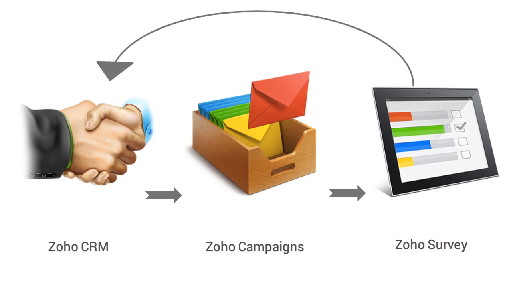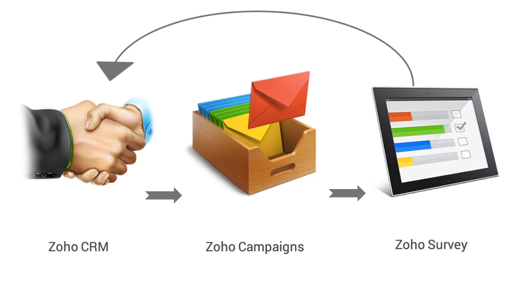You're also able to integrate Zoho Campaigns with surveys, so that you can send out email campaigns to a particular contact or lead list that you've synced from your CRM account with your campaign account. And then the results from the survey go back into the CRM, giving you the ability to see which lead or contact responded and what their responses were.